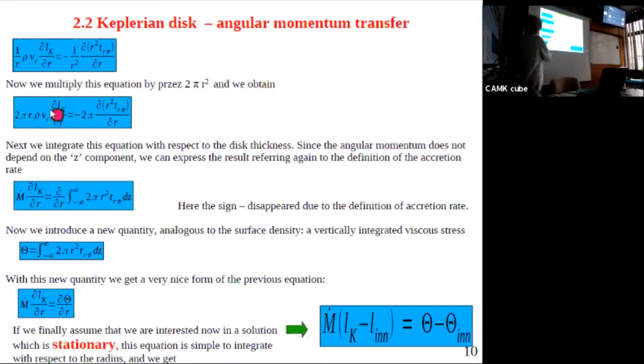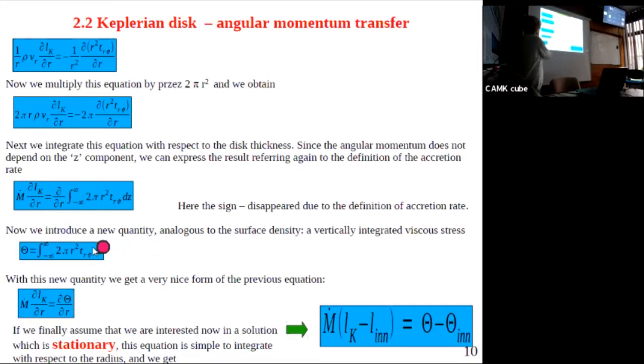Anyway, we integrate again this equation, both sides in z direction. So that looks like the accretion rate which we had before. That still looks hopeless, but we can exchange integration with respect to z and calculating derivative with respect to r.